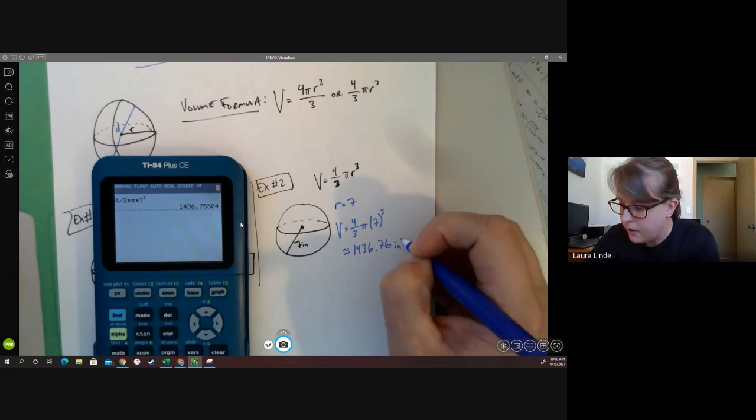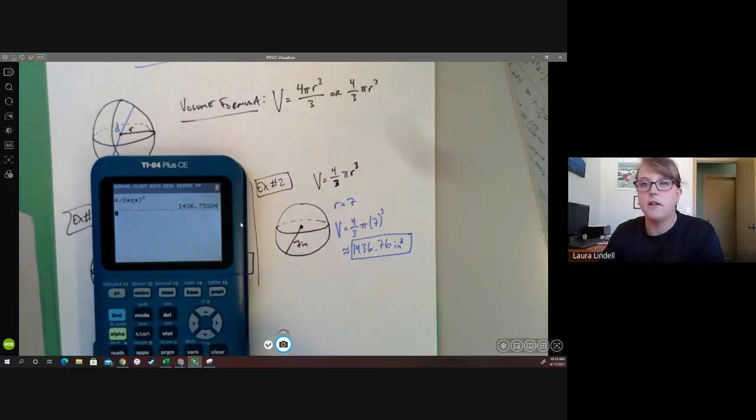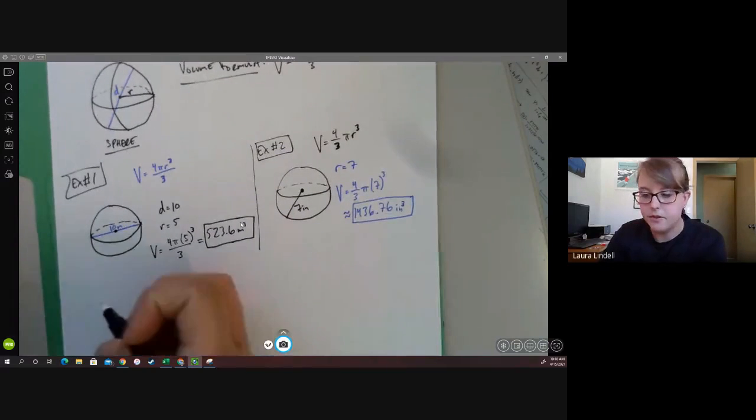And that would be cubic inches. Okay. So there's 2 examples now. Kind of covers both situations where you're given the diameter or where you're given the radius. Now you guys get to try one.